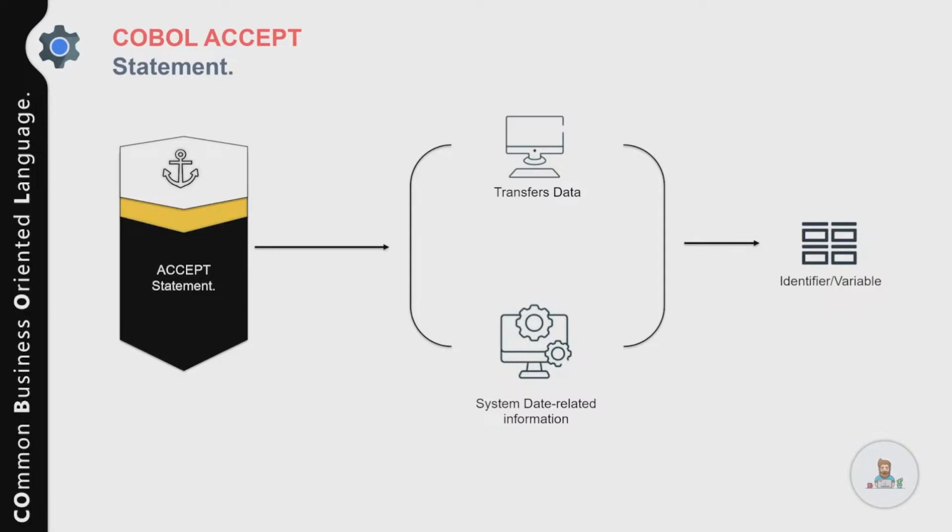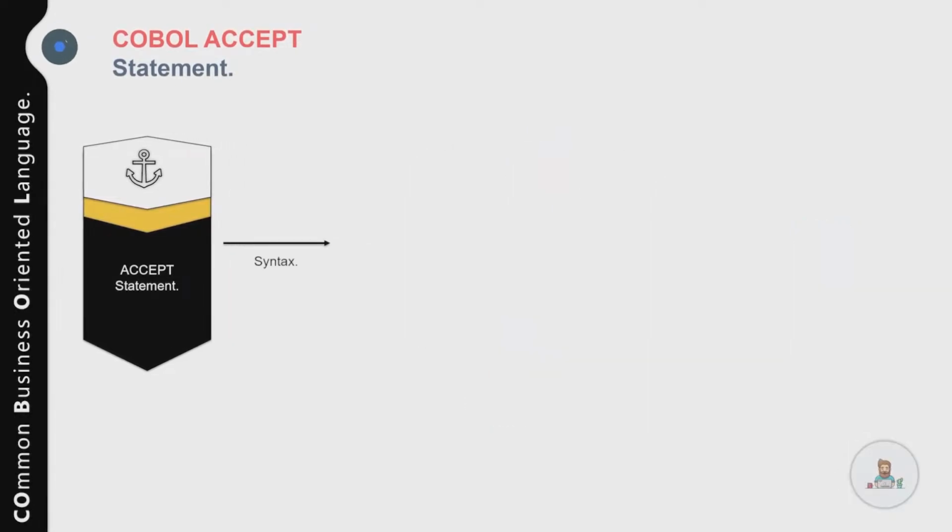On an IBM mainframe, the ACCEPT statement gets its data from the SYSIN device. As a result, this device must be set to the terminal keyboard if you want your program to work interactively. Now let's talk about the syntax of the ACCEPT statement. The syntax is pretty simple and straightforward. You have the ACCEPT keyword followed by an identifier.